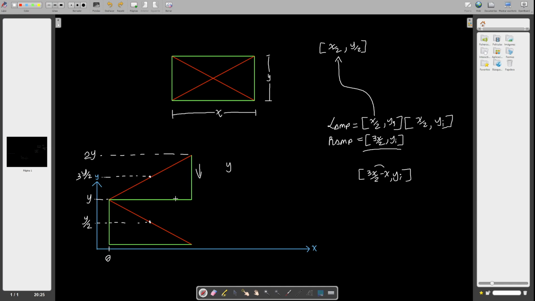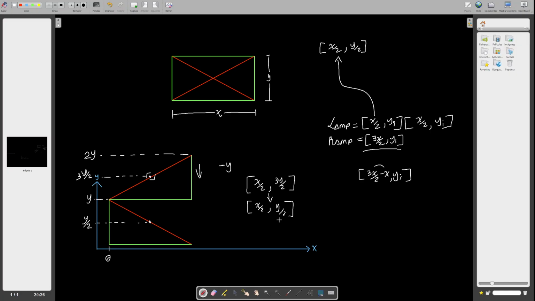But once I overlap them back, after subtracting y from this triangle, this point turns from x divided by 2, 3 times y divided by 2 into x divided by 2, y divided by 2, which is where the middle point of the first triangle is located.